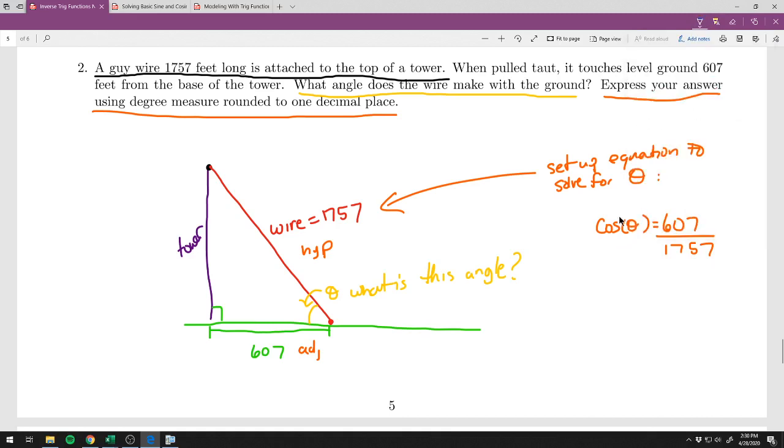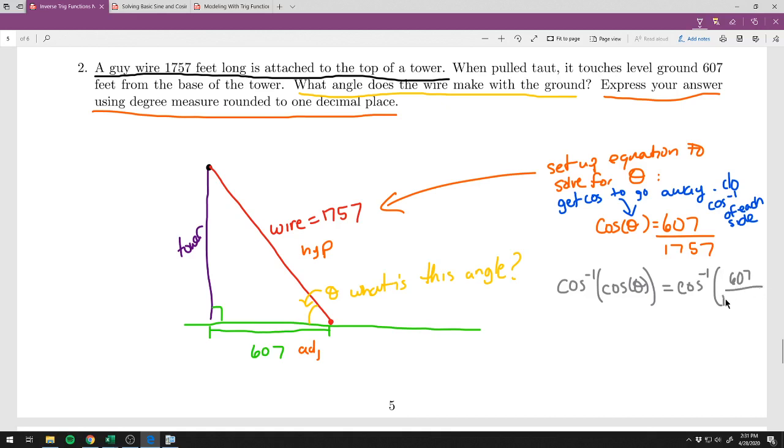One thing I would definitely say here is don't worry about trying to write this as a simplified fraction. If it does simplify, this might already be simplified. Just directly, you want to get theta, so you want to get the cosine to go away by doing the cosine inverse of each side. All right, so once again, I'll write what it looks like, just to really push the point home of what we're doing.